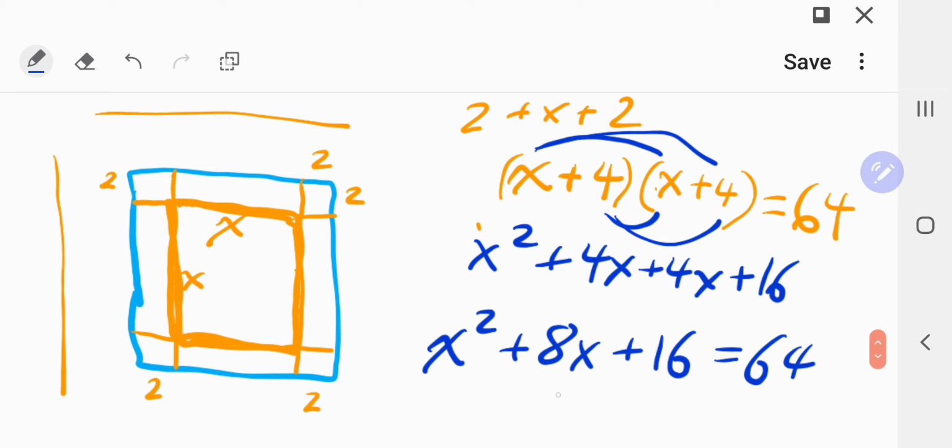Can't we solve for x? Let's see. Let's subtract. Well, first we should check, can we combine these, x squared and x? No, they're different. Can we subtract x? I know. Let's divide by x.